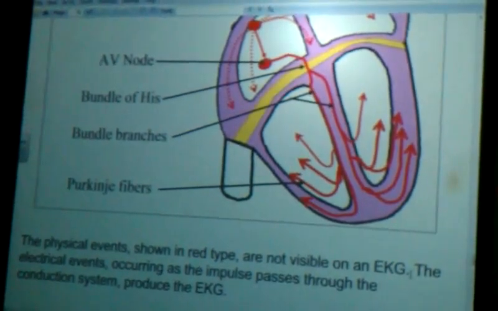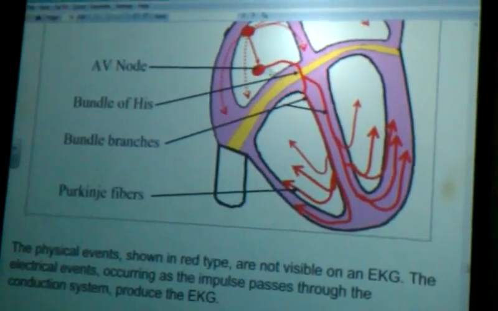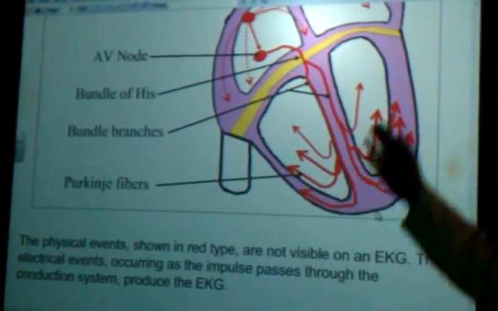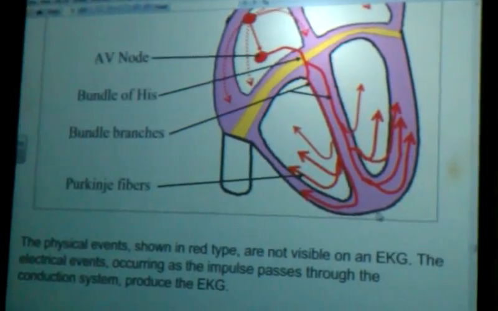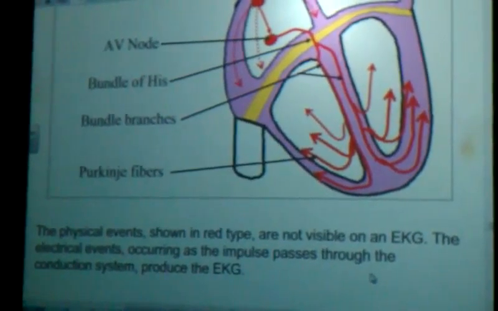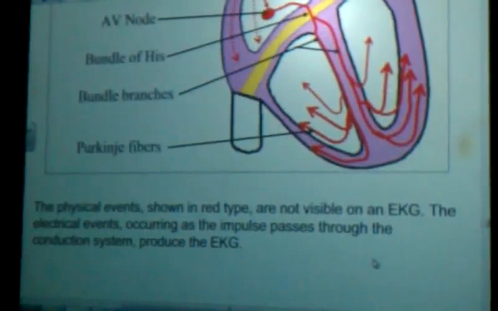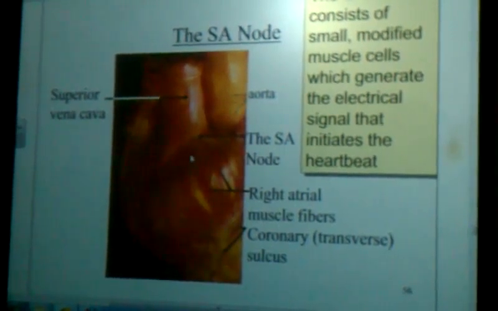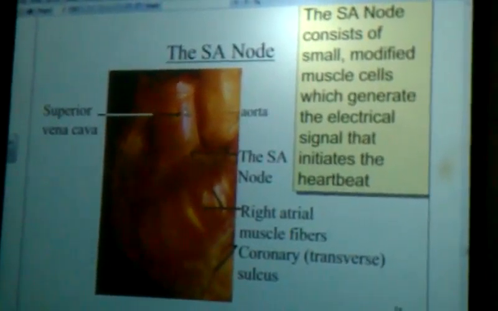And we're going to look at an electrocardiogram, and we're going to put each of the events of this electrical current traveling across the myocardium into perspective. Okay. This is just showing the small cells that make up the SA node.